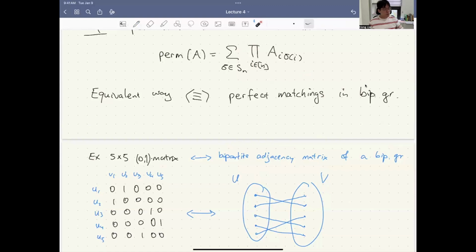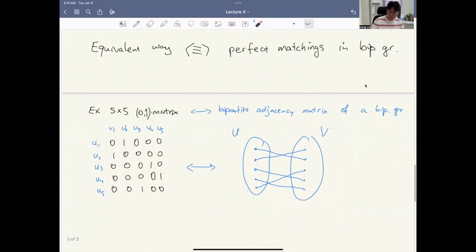Okay, so we can now state Bregman's theorem, which offers an upper bound on the permanent of a 0-1 matrix. In other words, it offers an upper bound on the number of perfect matchings in a bipartite graph.